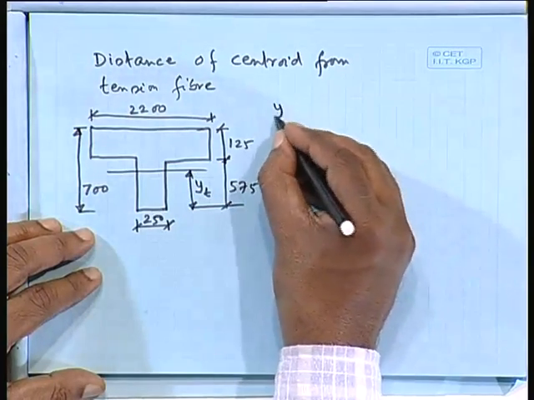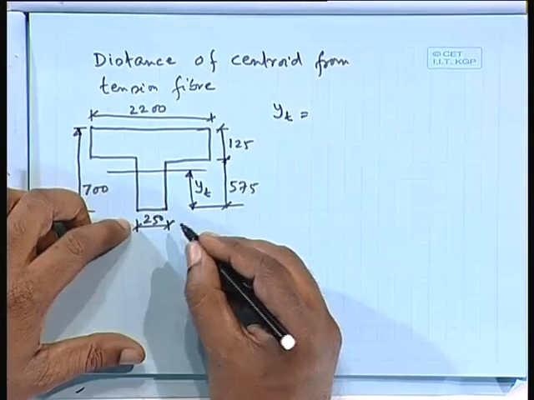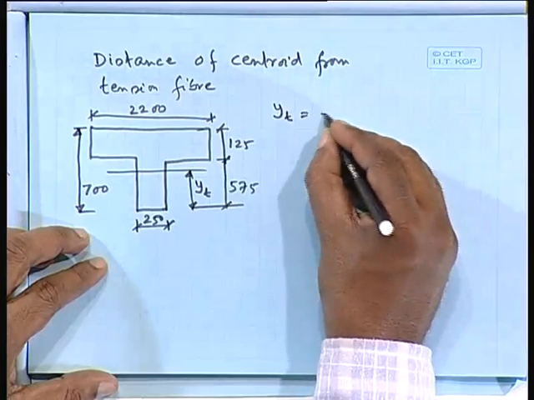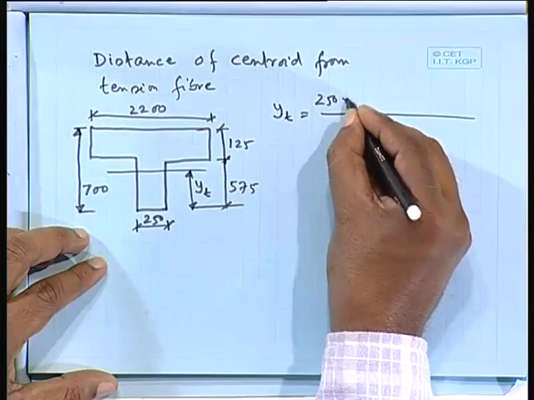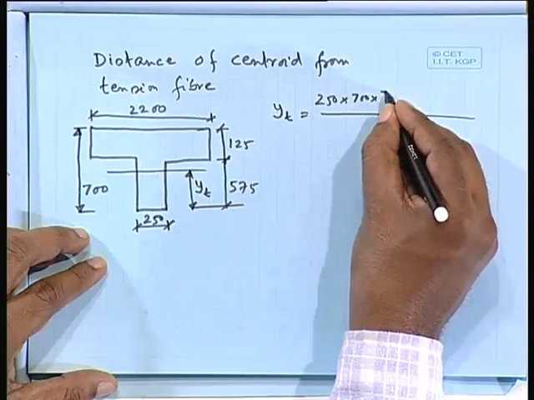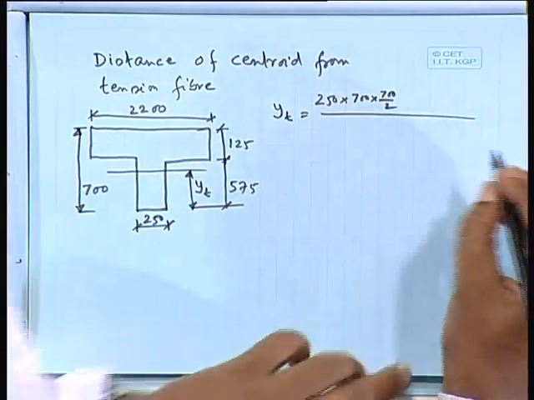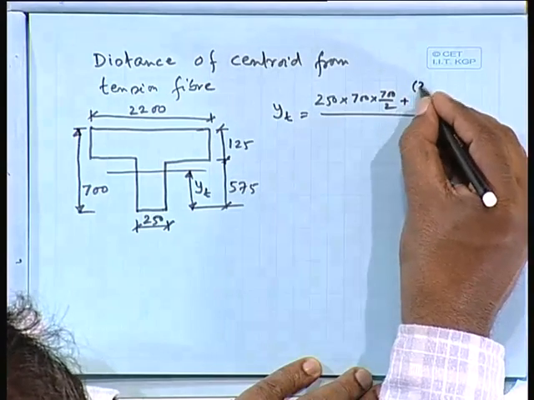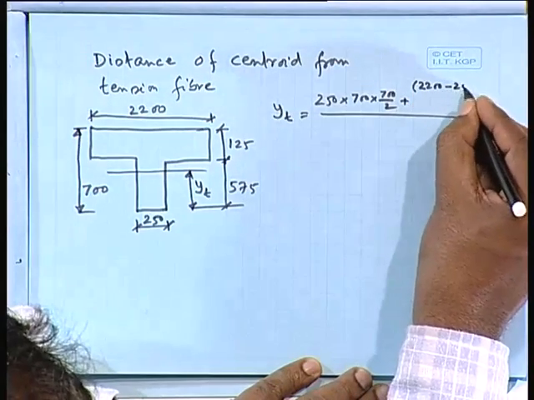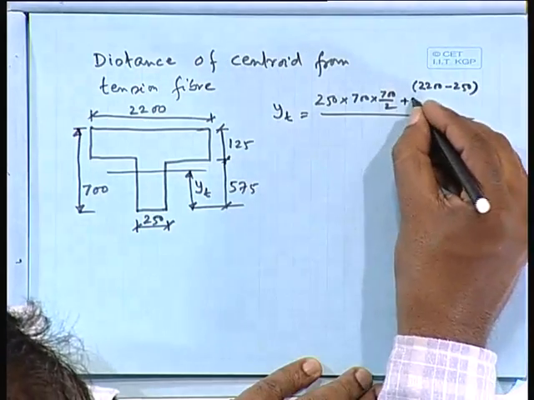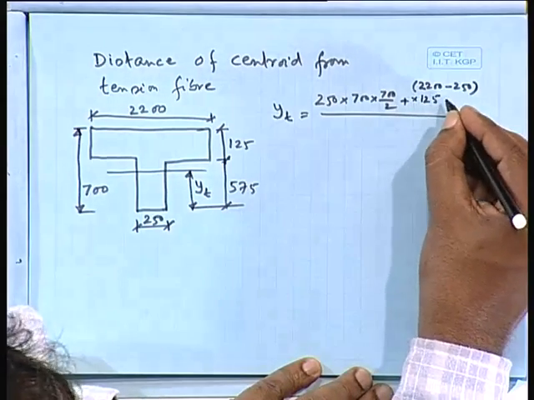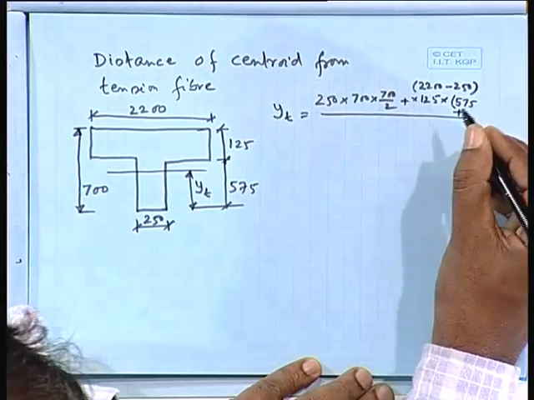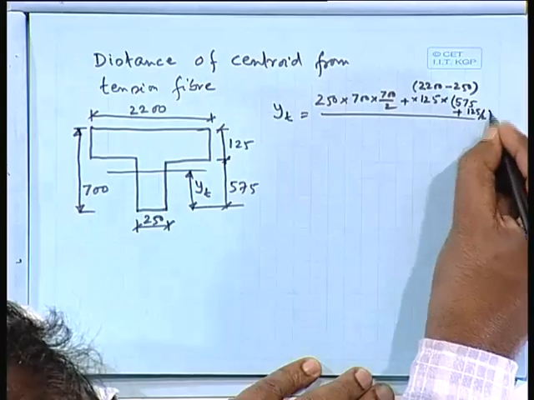Since it is measured from the tension fiber, and for the simply supported case it is at the bottom, yt will be equal to 250 times 700 times 700 by 2 plus, let me write down here, 2200 minus 250 times 125 times 575 plus 125 by 2.